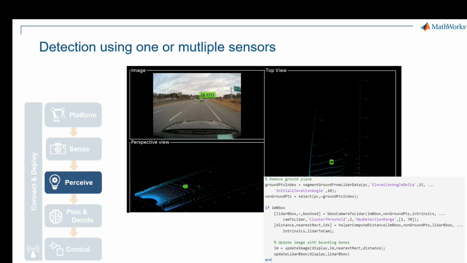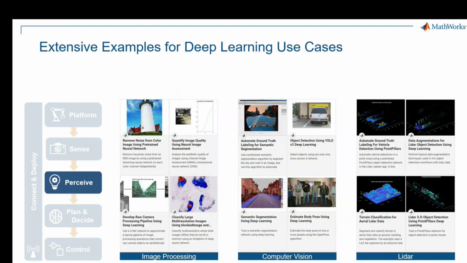So here's an example of how to perform object detection and also fuse the information with other sensors. There are several types of applications, with examples in the MATLAB documentation for deep learning use cases.